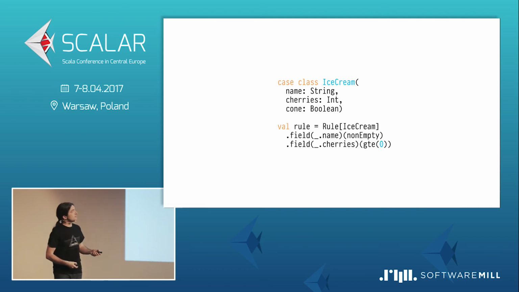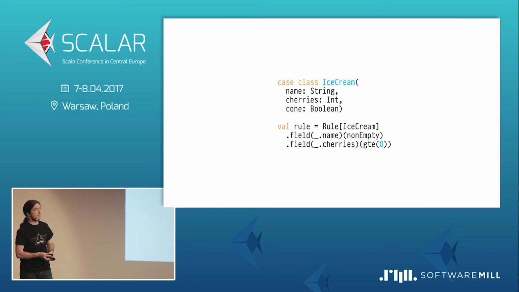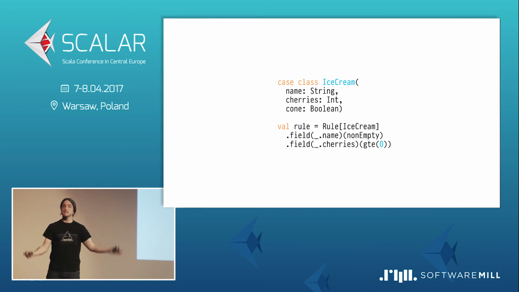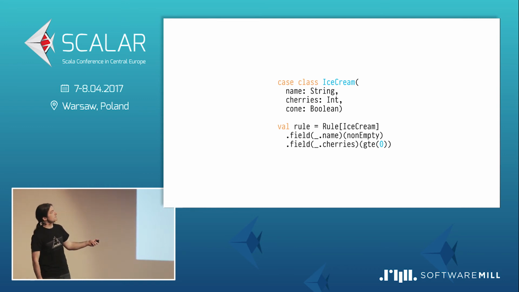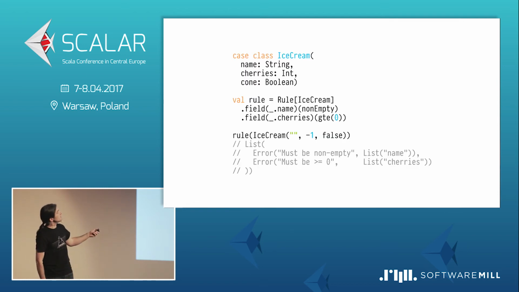So this is a snippet of the Checklist DSL, which says, I want to produce a validation rule for ice cream. I want to make sure the name is not an empty string. And I want to make sure the cherries field is greater than or equal to 0. And what happens with that is we can run it on an ice cream. So here we've got a bad name and a bad number of cherries, and we get a list of error messages back.